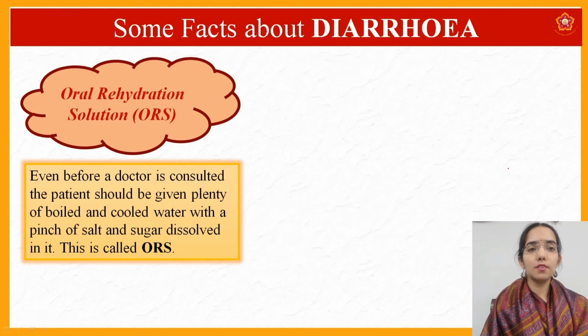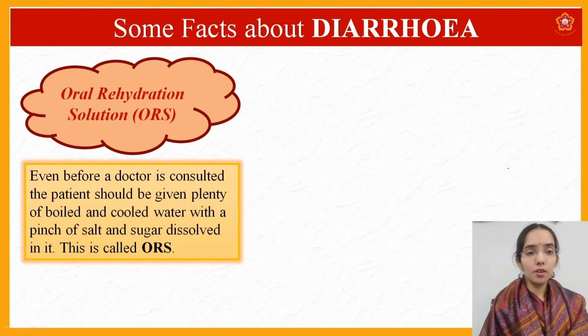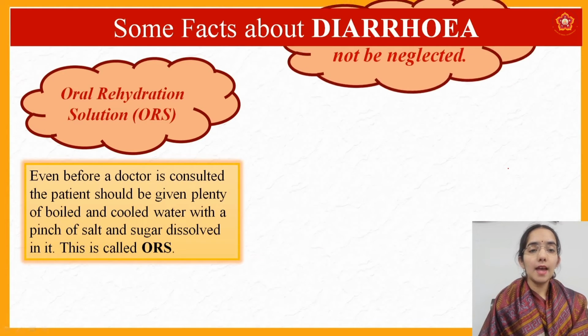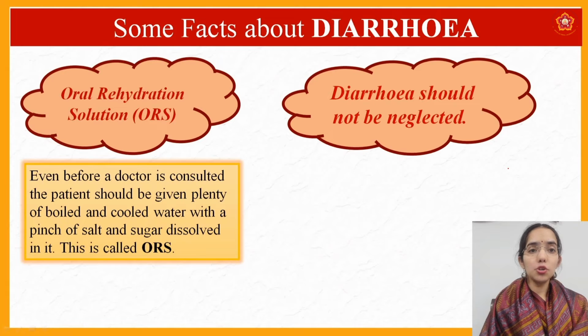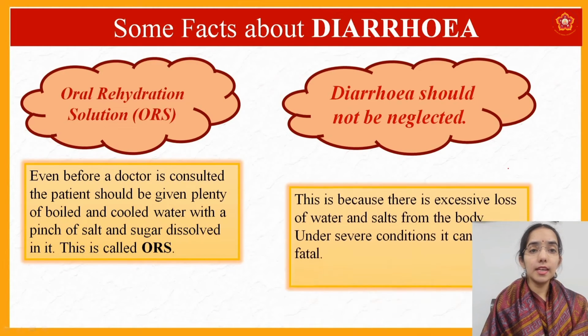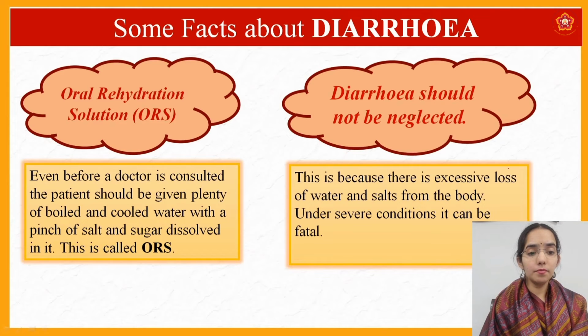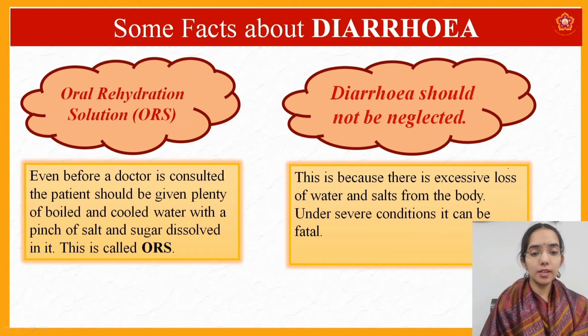Why do we give this solution? Because during diarrhea, a lot of water is lost from our body, and a lot of mineral salts are lost from the body. So it helps the body to remain rehydrated. As I told you earlier, diarrhea should not be neglected because there is excessive loss of water and salts from our body during diarrhea.